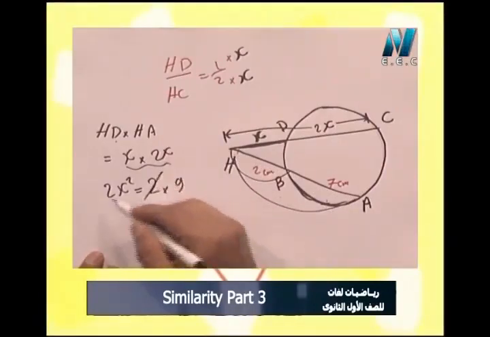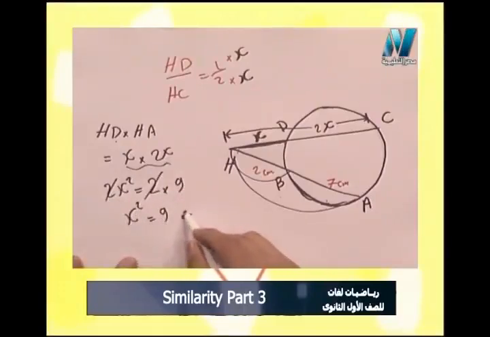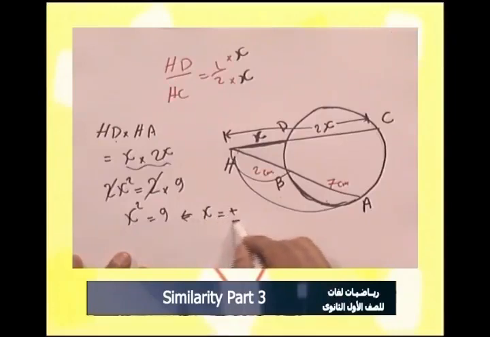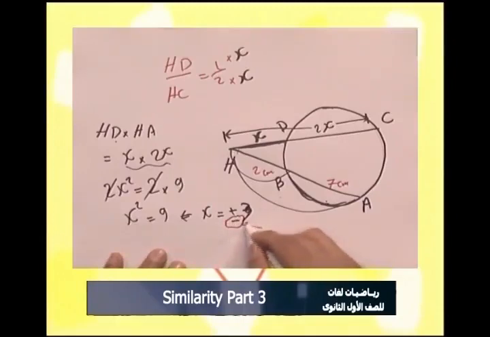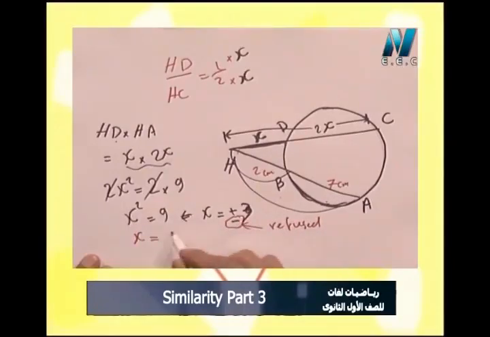We can cancel 2 with 2. We have x power 2 here equals 9. By taking the square root of the two parts, we will find that x equals positive or negative 3. But we know that we deal with length, and length cannot be negative, so it's refused. And we have x here equals just 3.